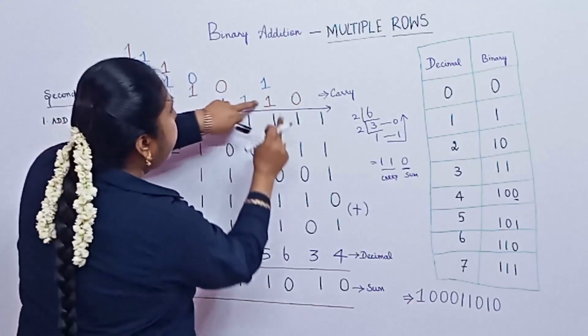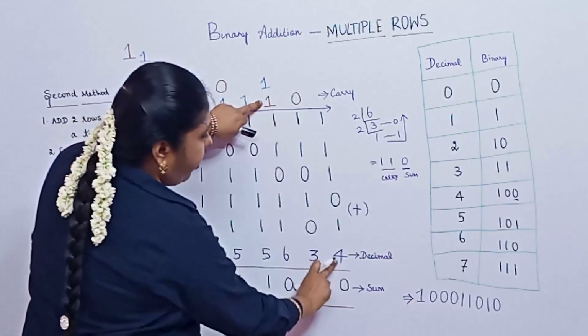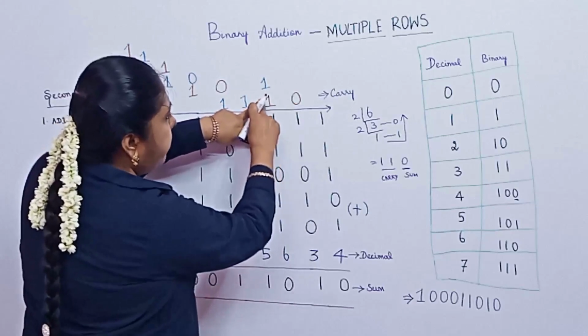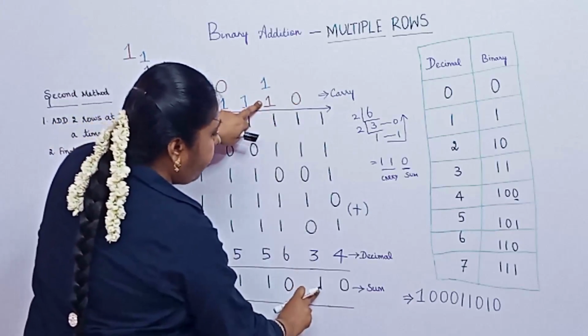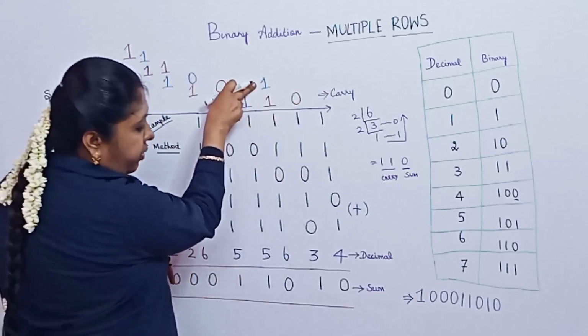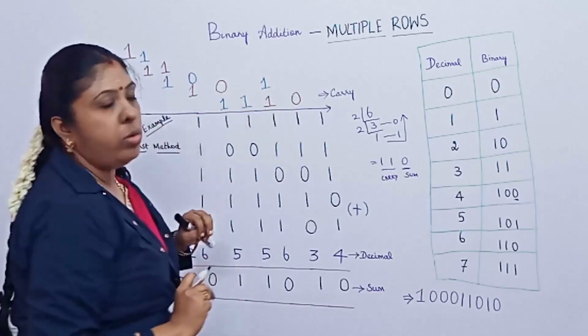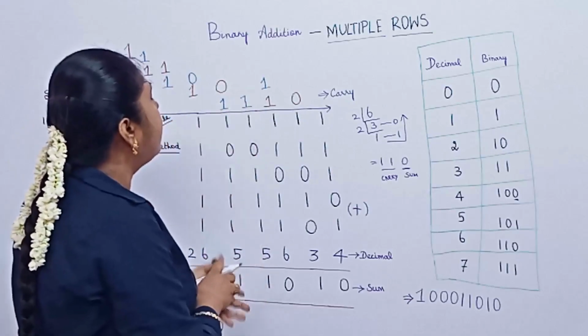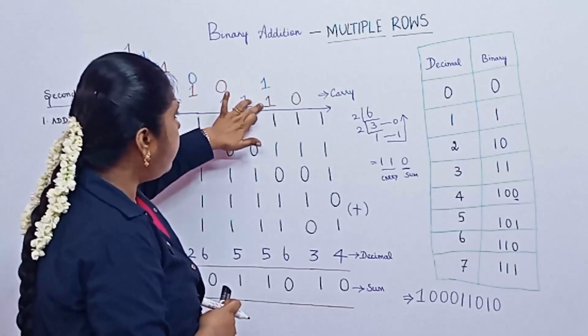Already we are having a 1. For 4 we had written 10 in the second column. So for 3, now 1 and then another 1 is represented in the blue color for 3. Now the third column we are going to add, that is 1, 1.